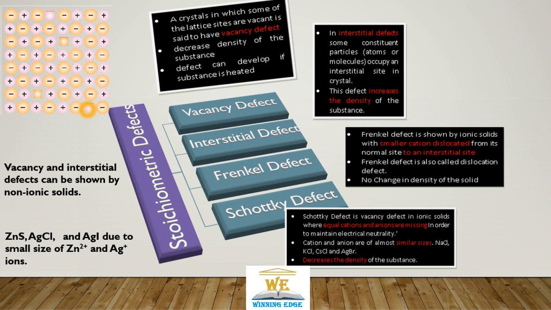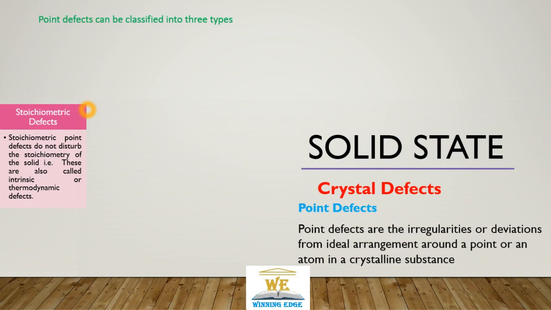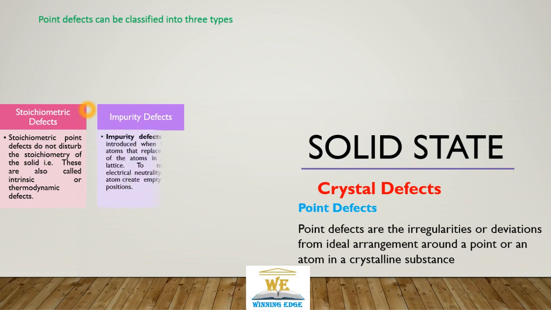The next point defect is, we have discussed only stoichiometric defects. Next are defects introduced by the addition of impurities in solid crystals. When we introduce a foreign material or foreign atoms in a crystal, some of the atoms are replaced to maintain electrical neutrality.